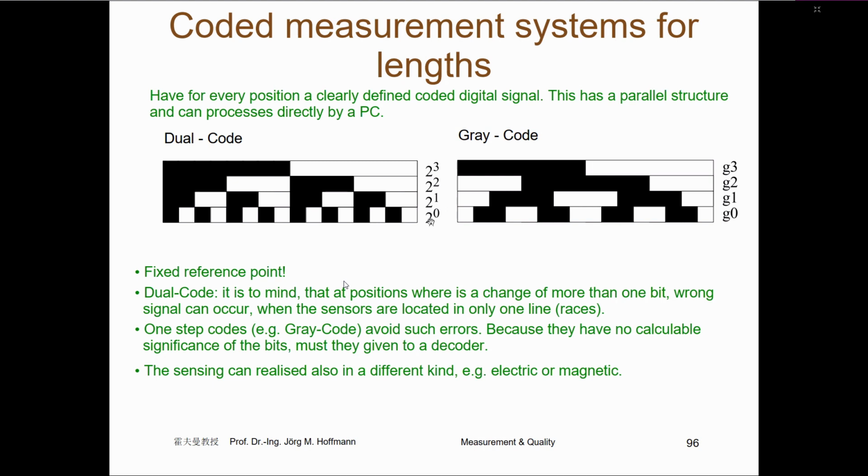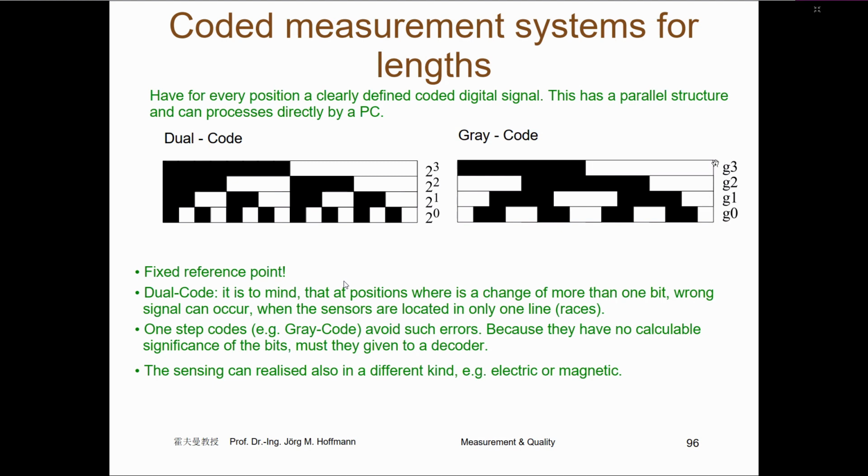That means you need an additional electronic to come from the gray code to a calculable code like a dual code. But then you have no races. It is more electronics, more difficult sensors, because I have only 4 bits at this moment.